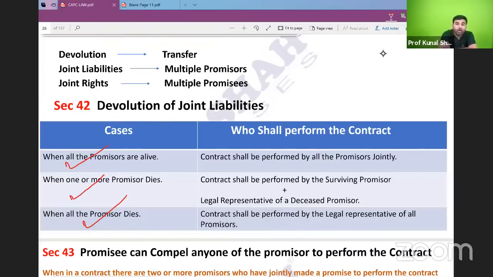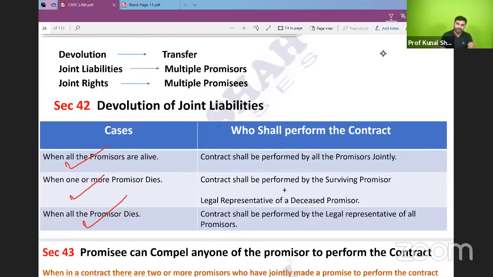Law says when all the joint promisors die, the contract shall be performed by the legal representatives of all the promisors. My legal representative will shell out 2,50,000 rupees. Similarly, the legal representatives of Professors 2, 3, and 4 will also shell out 2,50,000 rupees each, and the contract will be performed.